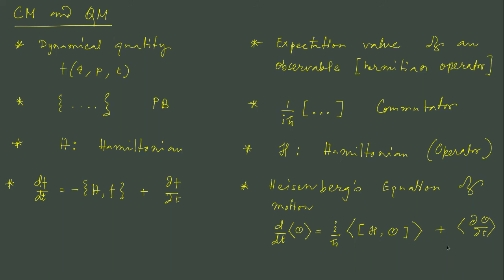So you see, what we are doing now in terms of Poisson brackets tells us that whatever we do in classical mechanics has an analog in quantum mechanics. After all, quantum mechanics was developed borrowing ideas from classical mechanics, and also with the expectation that there should be a correspondence.